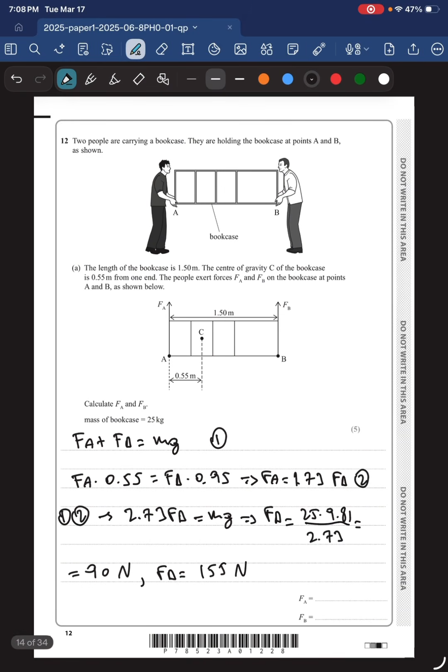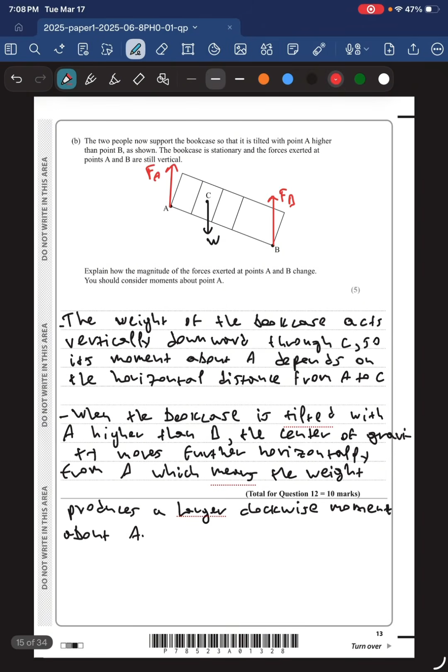So if you look at this situation, this is the horizontal distance, right? But now the horizontal distance is larger than before, okay?